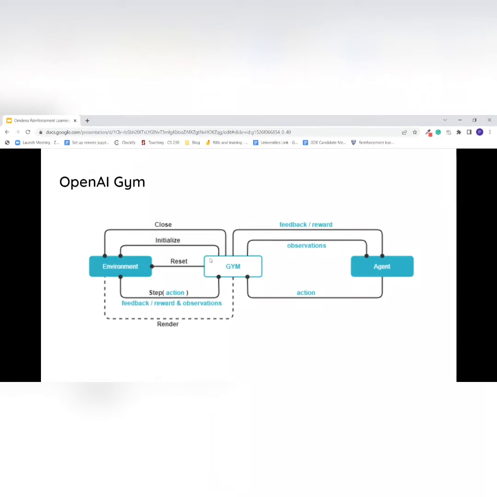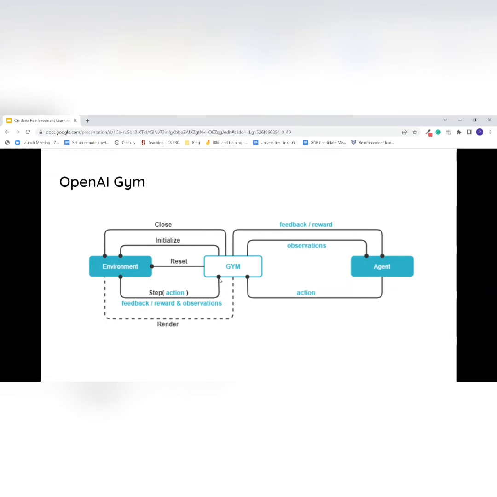As we said, an episode is from the very beginning to the end. It's used to initialize the environment. And then during training, the agent will pass actions to the environment through the step function, and it will receive a new observation and a reward back from the environment.